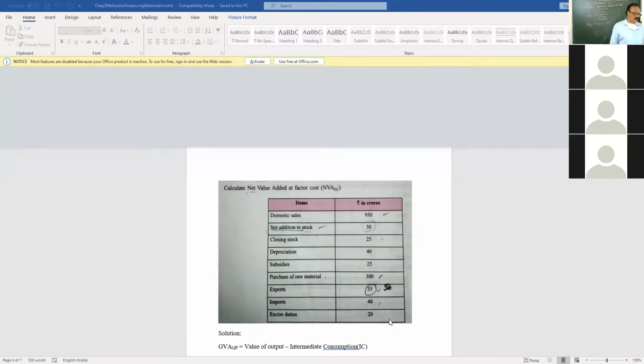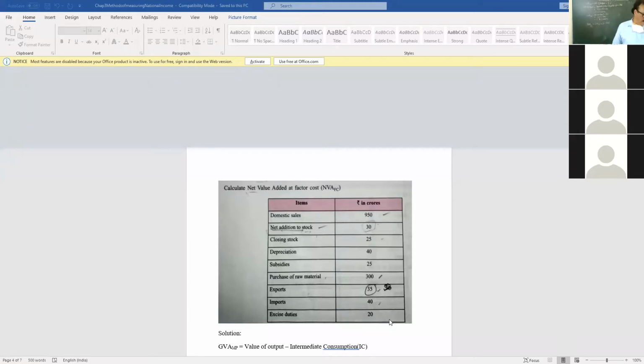I had given you those diagrams on how to interchange the values. You remember: gross to net, minus depreciation; net to gross, plus depreciation. Domestic to national, plus NFI; national to domestic, minus NFI. Market price to factor cost, minus NIT; and from factor cost to market price, plus NIT.